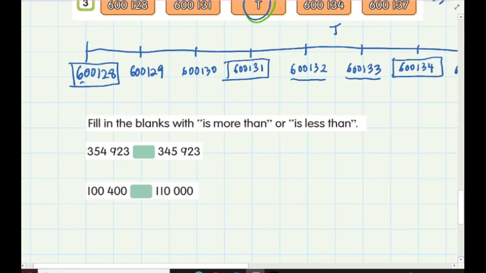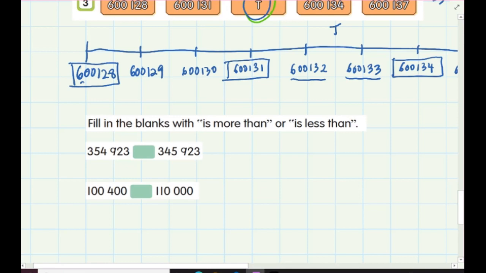Now we want to fill in the blank with more than or less than. This one is very easy. Now you know how to compare numbers using the place value chart. With this question, there is no need for a place value chart, but identify which number is more than and less than.